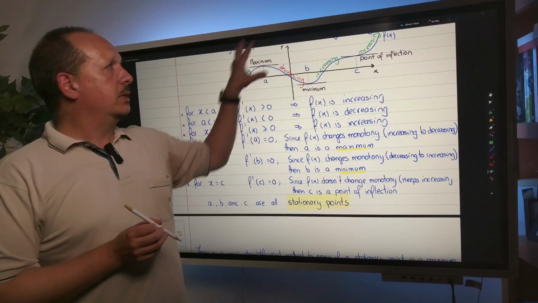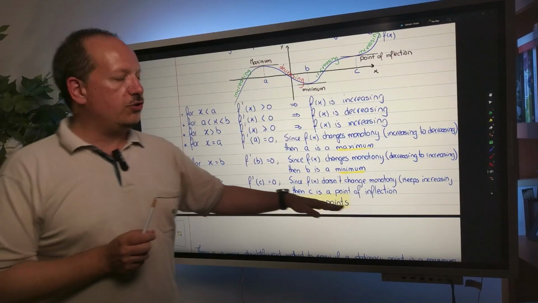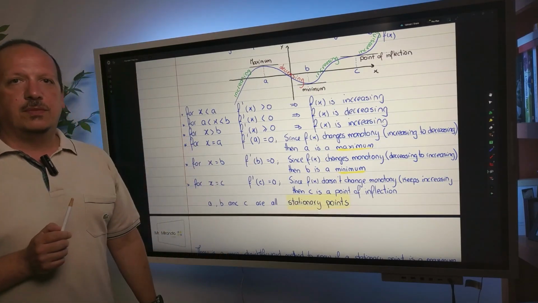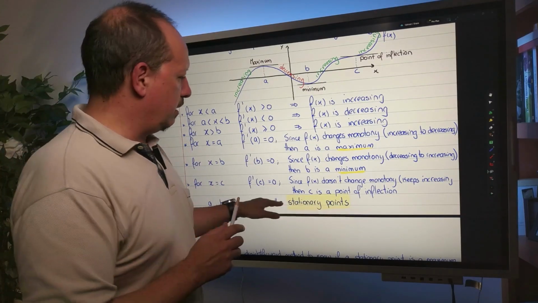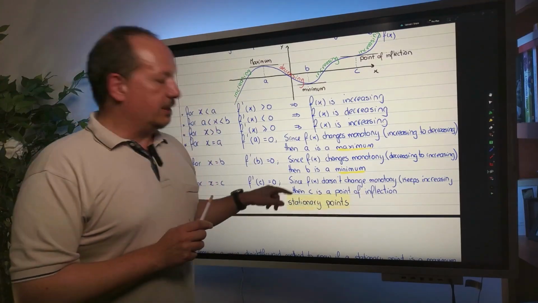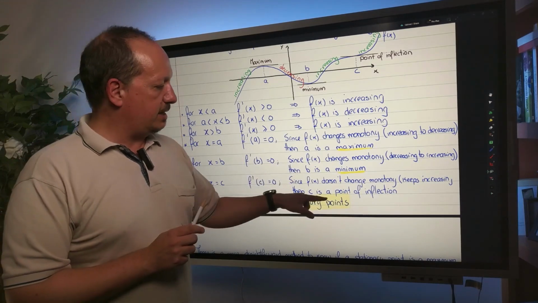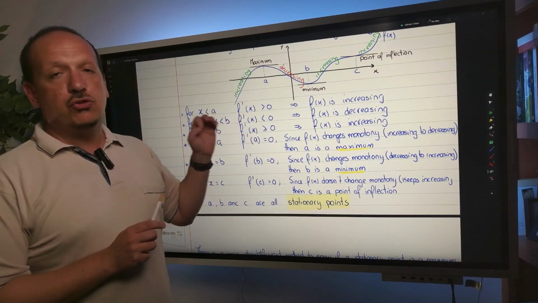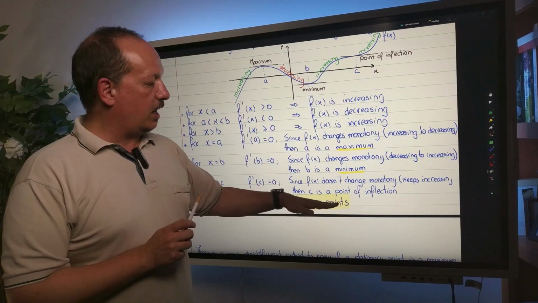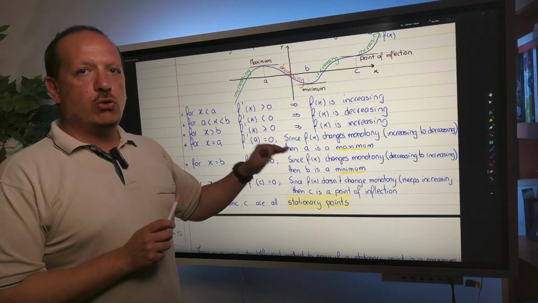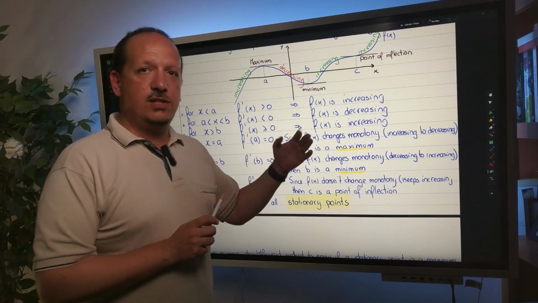But all of them, globally, are called stationary points. From now on, you are going to hear a lot about this in questions, and every time you read this, you need to know automatically that these are points where the gradient of the function is 0.